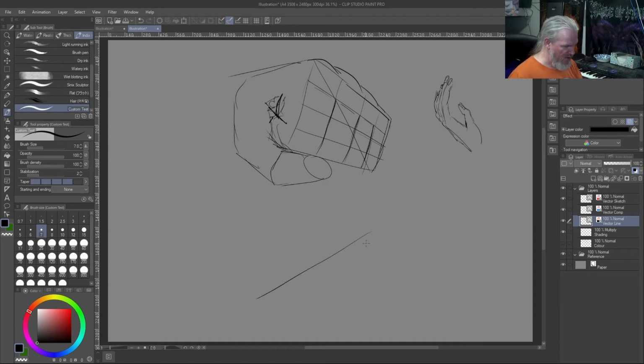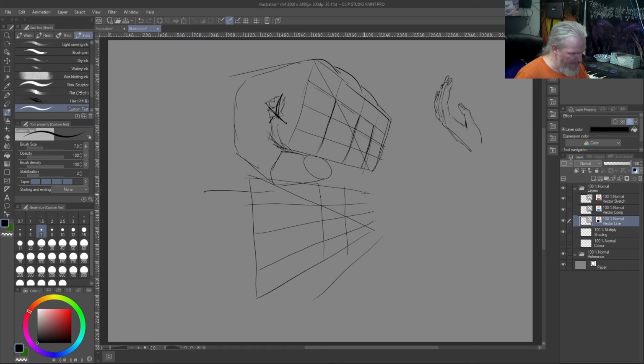It's like you've got a road going off into the distance, and you want telephone poles going off into the distance, right? Well, as the telephone poles go off into the distance, they're going to look like they're closer together. So you have to identify where those belong, and using that diagonal trick is the best way to go about that.